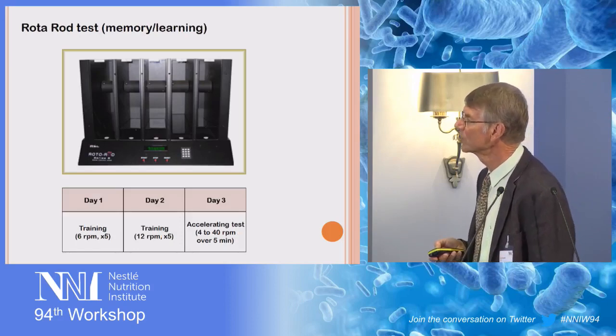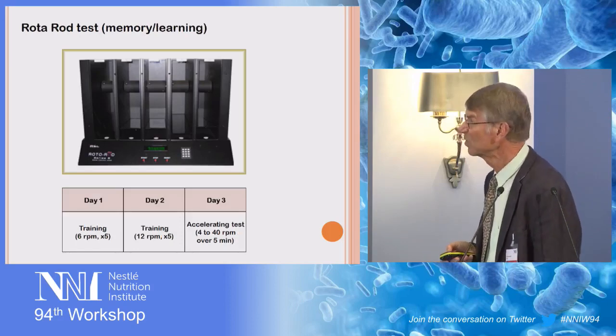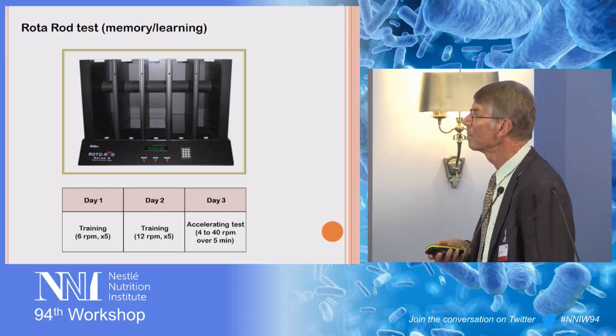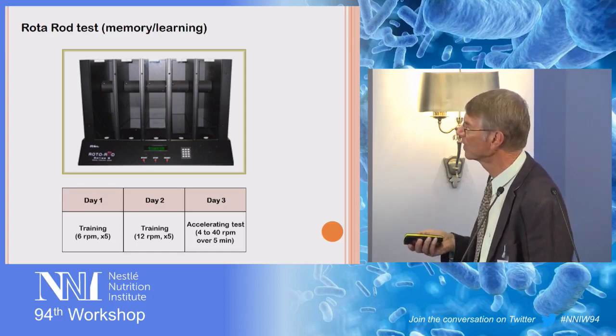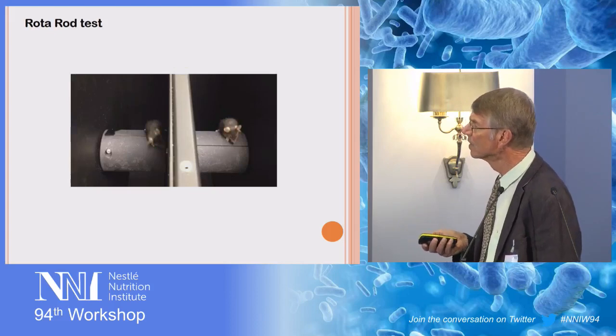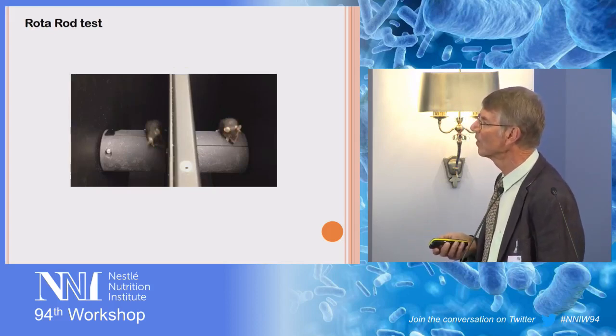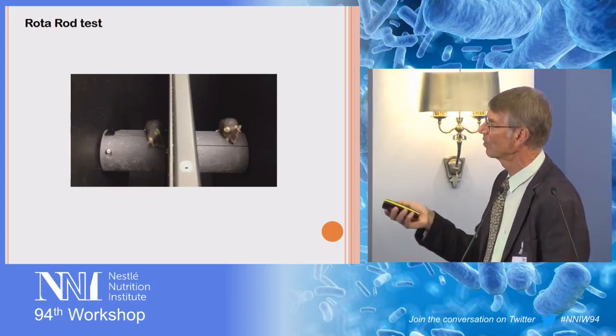We did another one which is a little bit more related to both memory, learning, and physical capacity. It's a rotarod test, and it's a rotating apparatus where the mouse is put on top of these rotating wheels. And again, if they learn, they are quite capable of kind of balancing that.